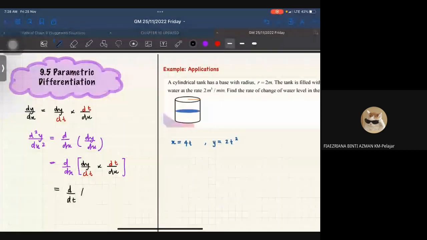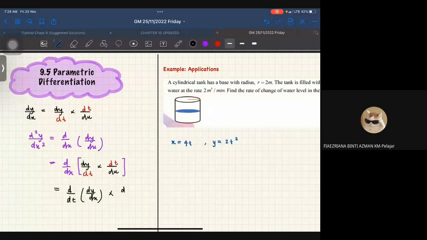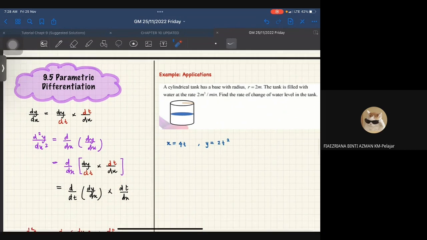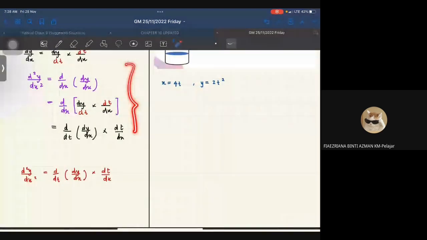Okay, and then I differentiate dy dx. Okay, and then just multiplykan dia with dt over dx. Okay, so based on this one, we know that kita kena differentiate this maksudnya kita akan differentiate dy dx with respect to t. Okay, and then just multiplykan sahaja belakang dia dengan dt over dx. Okay, so sama juga dengan formula yang ada dekat bawah ni. So ini adalah sebenarnya macam mana on how to get the formula of second derivative yang awak belajar tu.